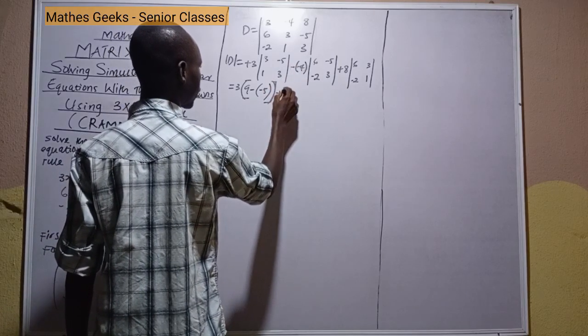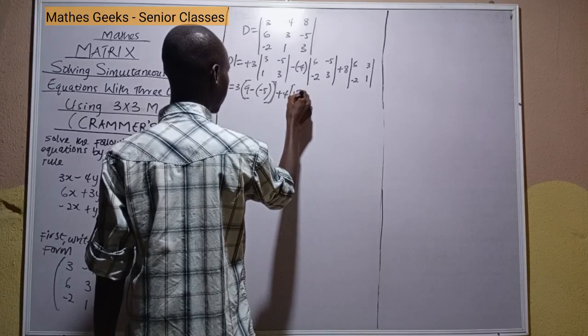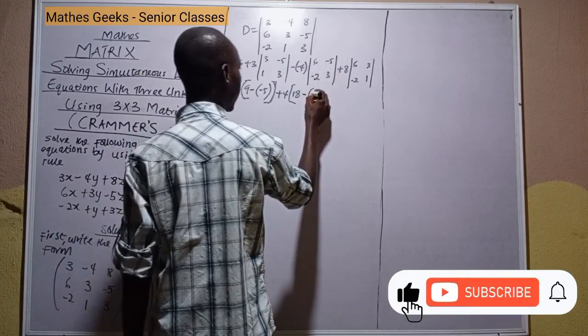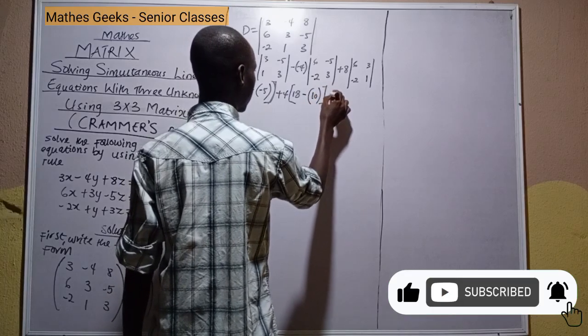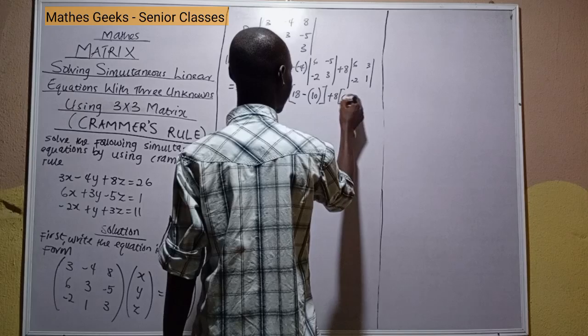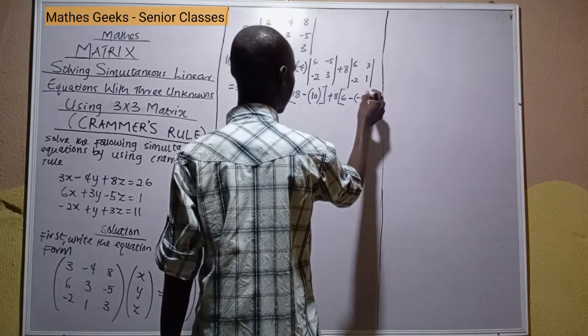Minus times minus is plus. 4, 6 times 3 is 18, minus 6 times minus 5 is 10. Plus 8, 6 times 1 is 6, minus 2 times minus 2 is minus 6.